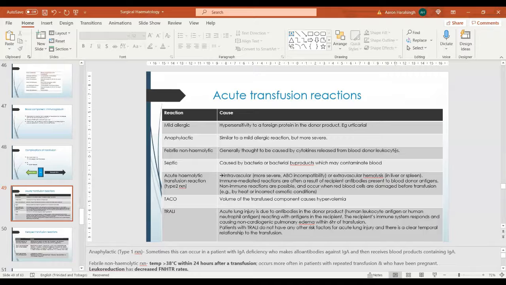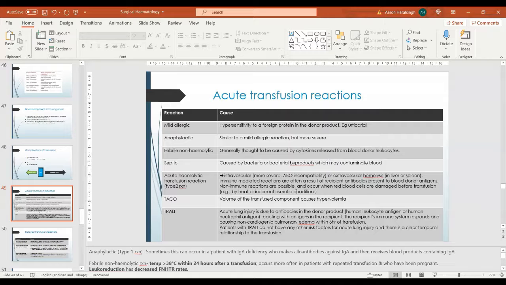Then there's sepsis. If there's contamination of the blood products, then bacteria or bacterial endotoxins can get into the recipient and cause sepsis. Then there's acute hemolytic transfusion reaction, which tends to occur either intravascularly or extravascularly. Intravascular is more severe.